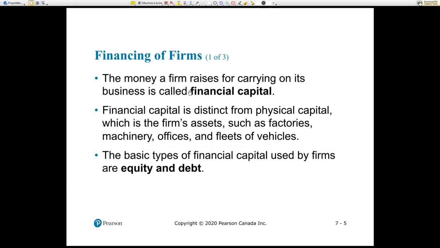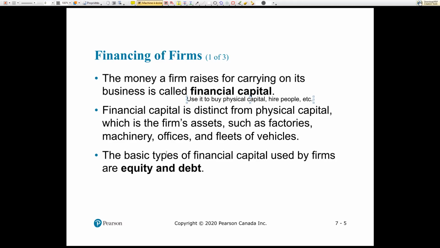So they use it to buy physical capital, hire people. It's distinct from physical capital, such as factories, machinery, offices, fleets of vehicles.